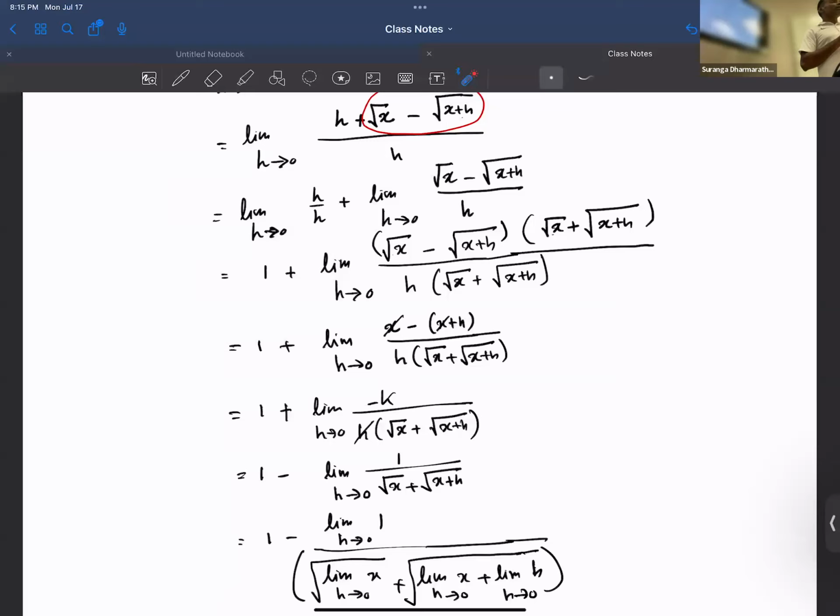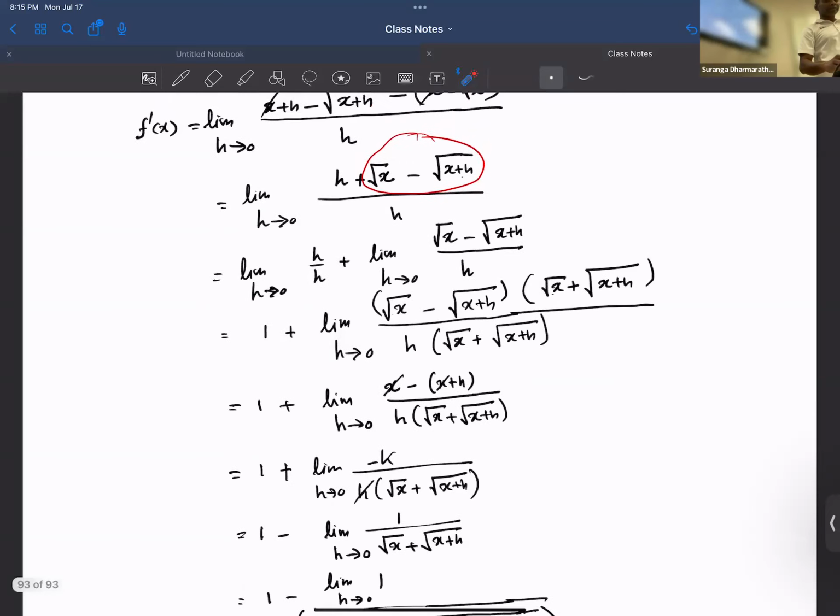Quadratic equations, partial fractions, a lot of things. Binomial expansion. And these all are things, actually factoring out and then conjugate multiplication, those kinds of things. Everything is from algebra.